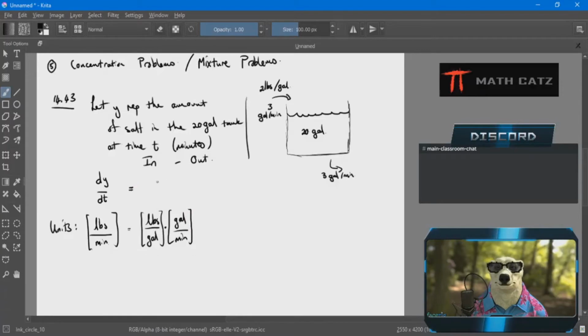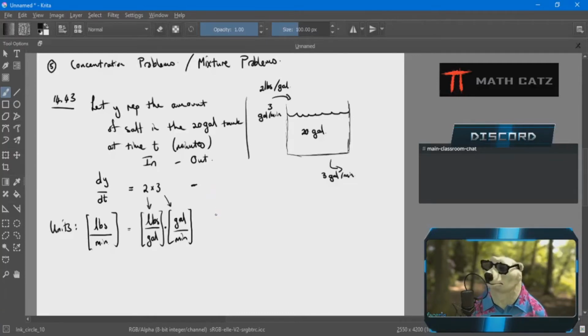So coming in, 2 pounds of salt per gallon at 3 gallons per minute will be 2 times 3. By keeping track of the units, I have that little help. So I'm just going to move this second term a little bit further out so I can have some space here.